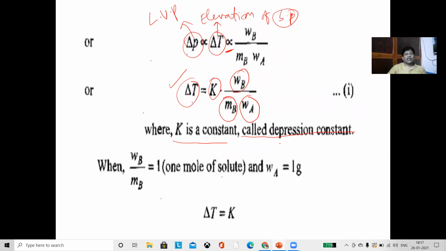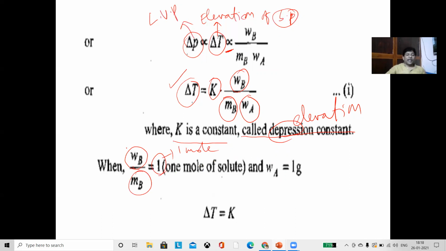What is this called? Depression constant or elevation constant. In this case, it is elevation constant. Why is it elevation constant? The boiling point of solvent is elevated by adding a non-volatile solute. Now, when WB by MB is equal to 1, that is 1 mole of solute we have taken.